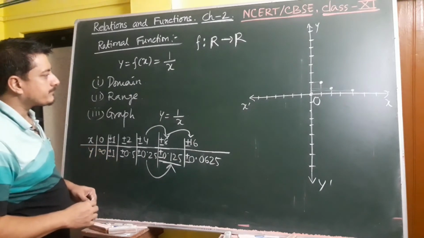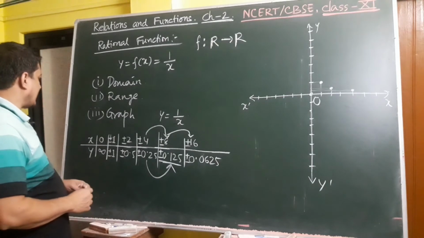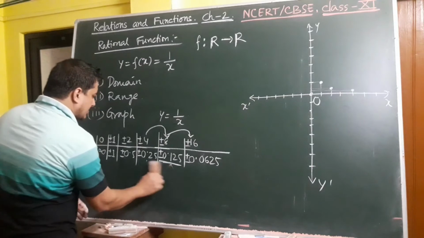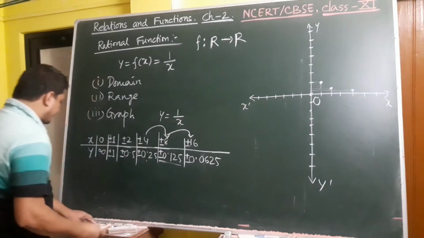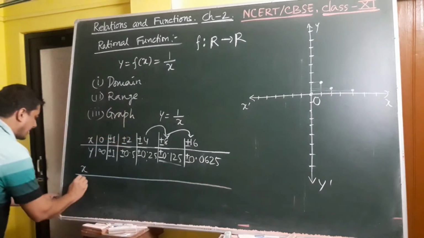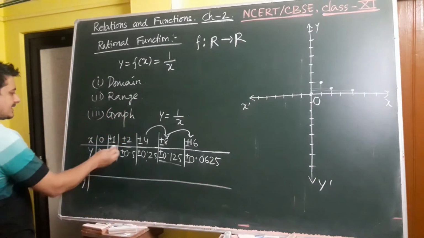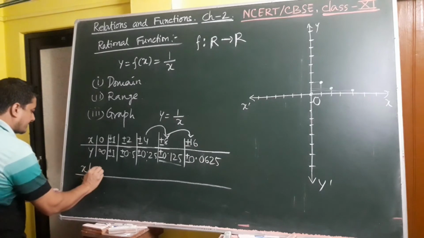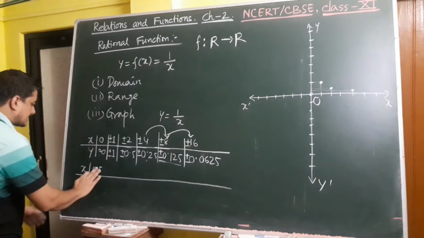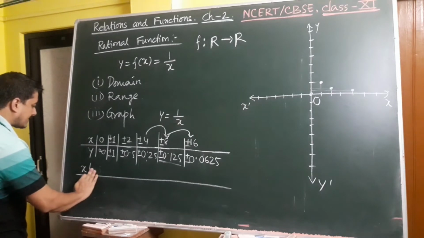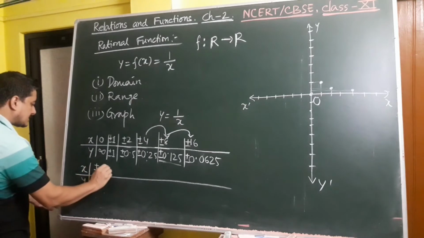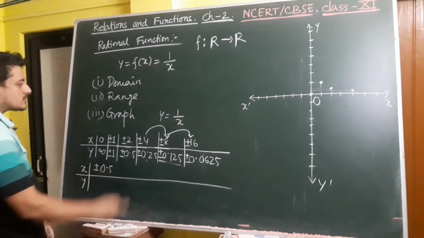Then again on the minus side, I have to take some more values of x actually. So if I take the value of x as plus minus 0.5, what will it be?